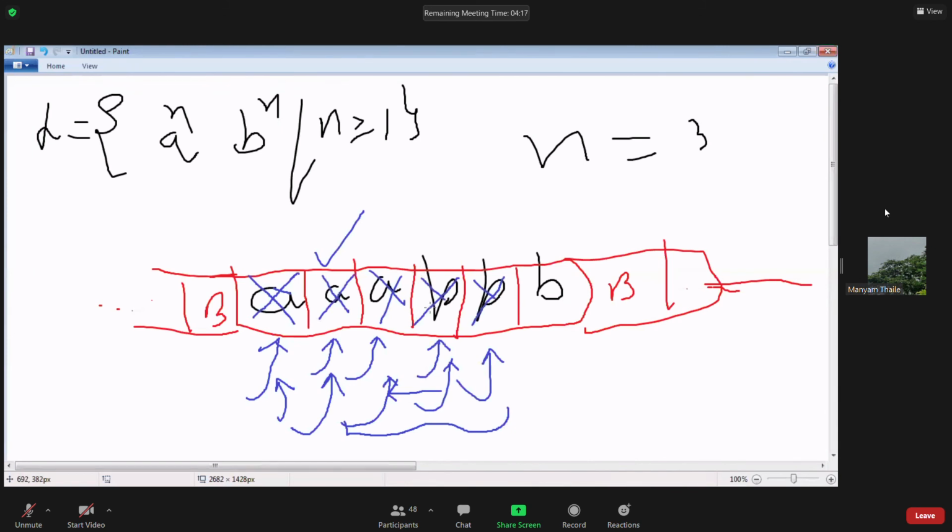So now again move right until you find the B. Now mark it Y.